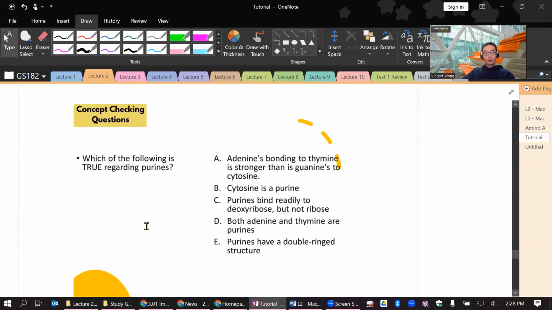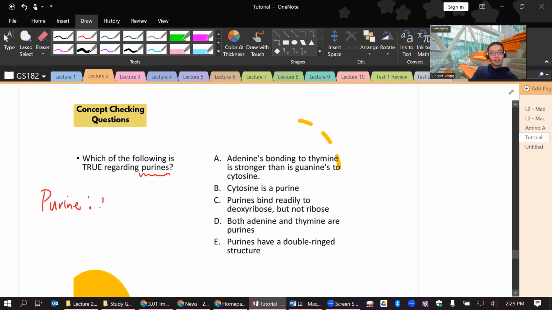I'm just going to go through the other two with you. Which of the following is true regarding purines? Let's think back to what we said about purines. Nucleotides can be purines or pyrimidines. So what are the purines? Let's write it down first before we look at the choices. Do you remember the phrase I told you to remember? What are the examples of purines?